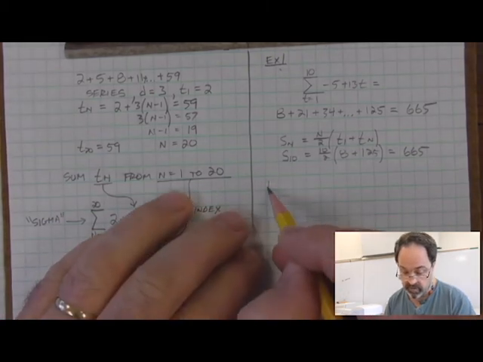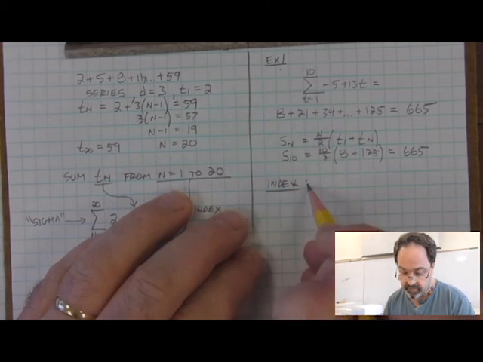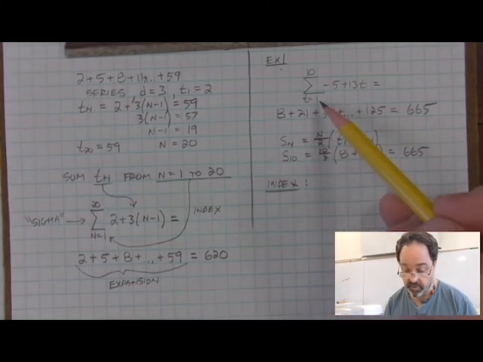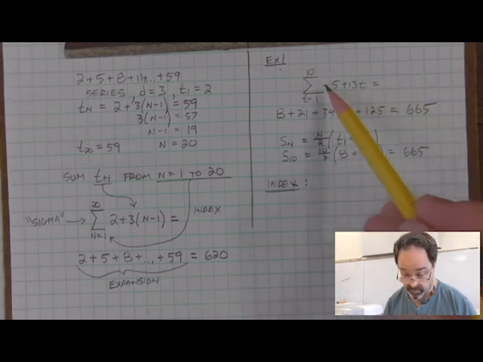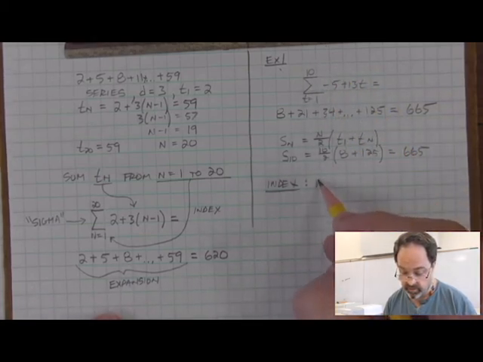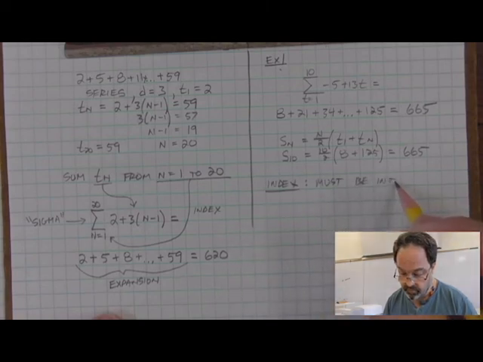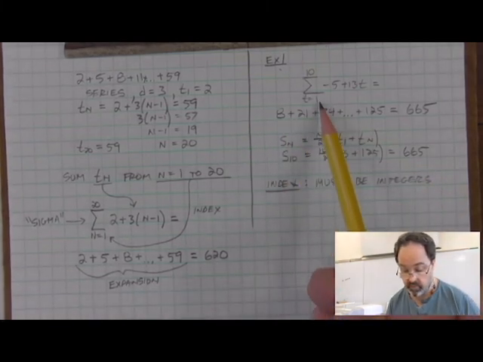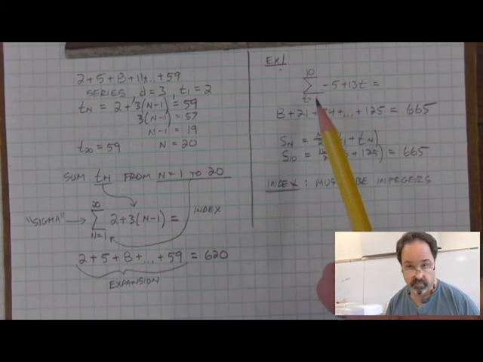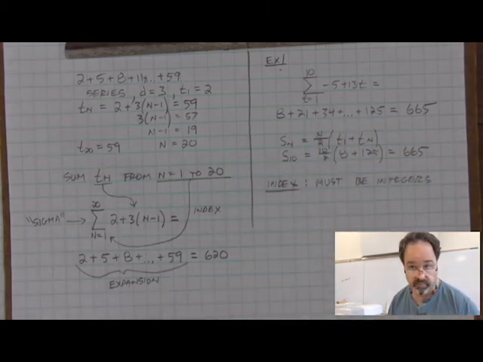One last thing to say about sigma notation: the index, the starting and stopping values that are used for the variable in the argument, the index must be integers. You can't choose your values in the index to be fractions or decimals or anything other than integers.